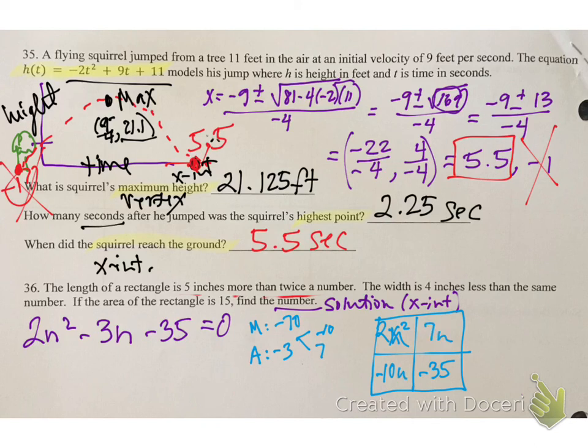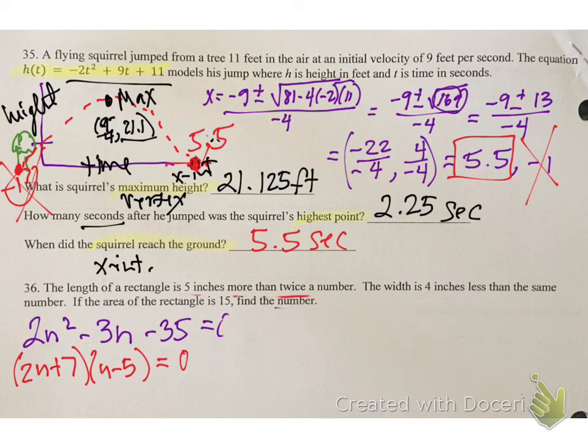Positive 7n. Then I'm going to pull out the greatest common factor. So 2n, 7, n, and negative 5. So this would factor to be 2n plus 7, sorry, because it's a positive, and n minus 5 equals 0.